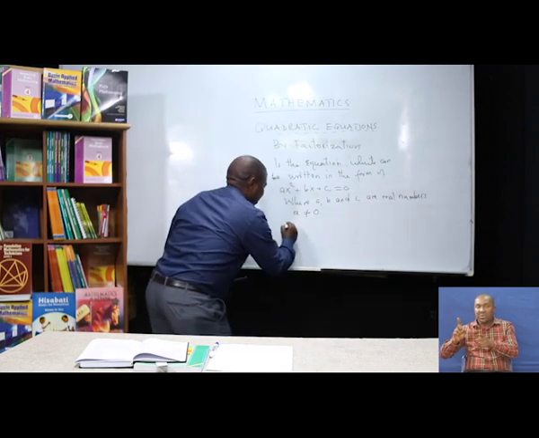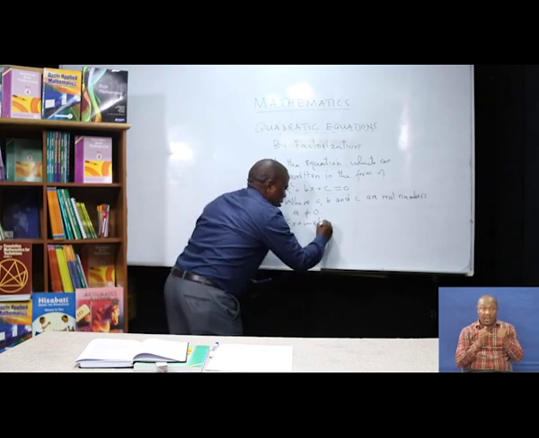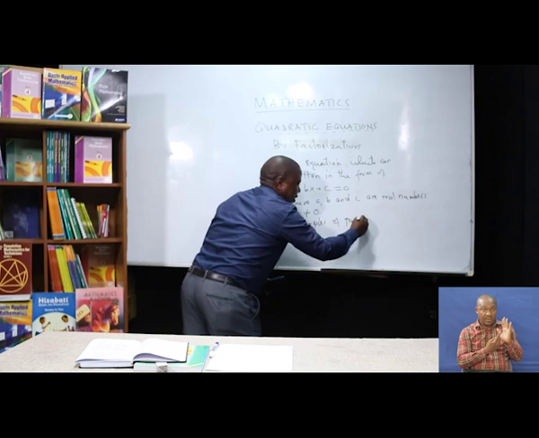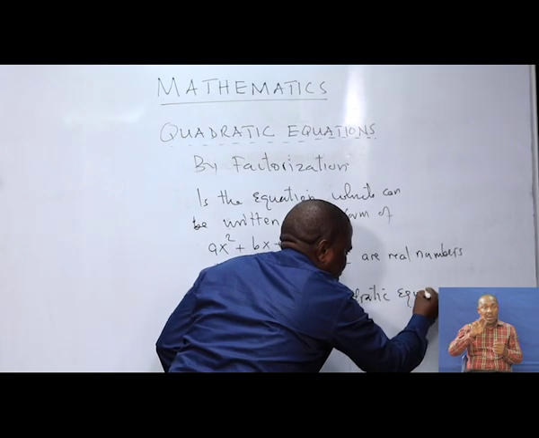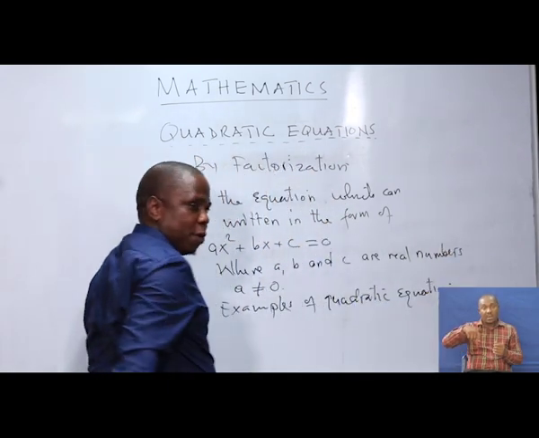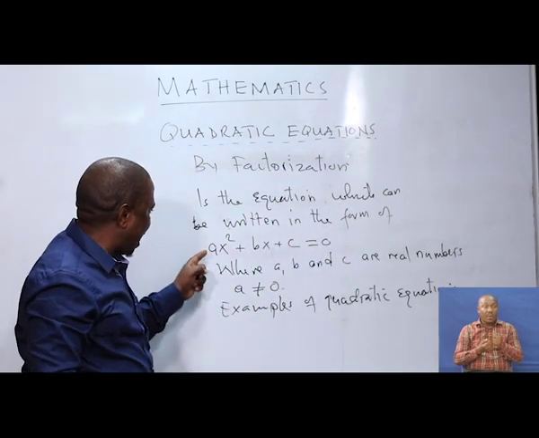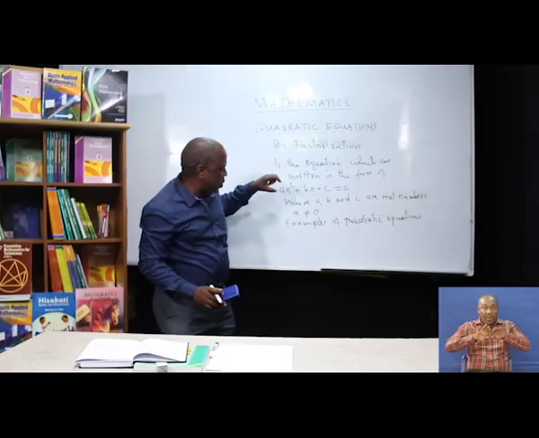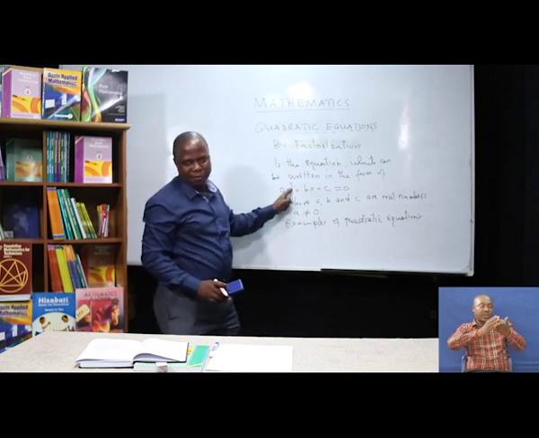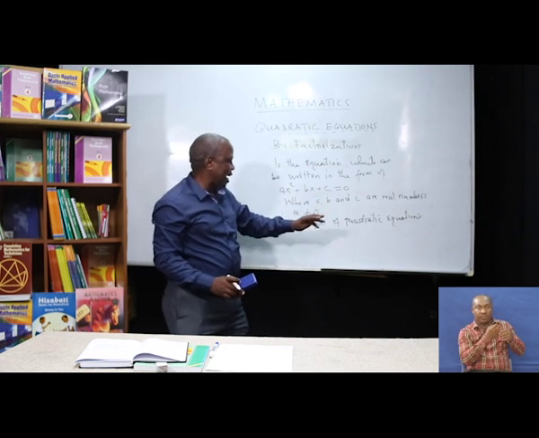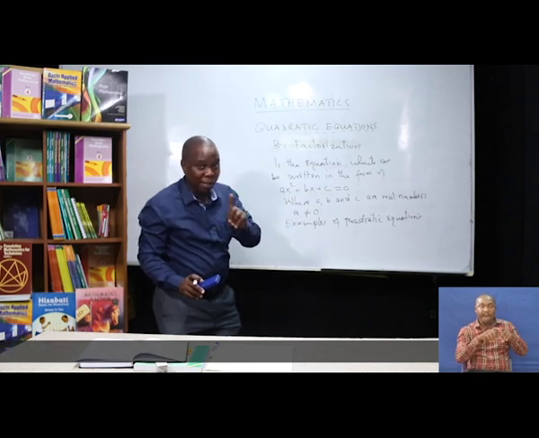Examples of quadratic equations. I told you, the one thing which differentiates the identity of a quadratic equation is the presence of this square. Other terms can even not be there, but a term with a square should be there.